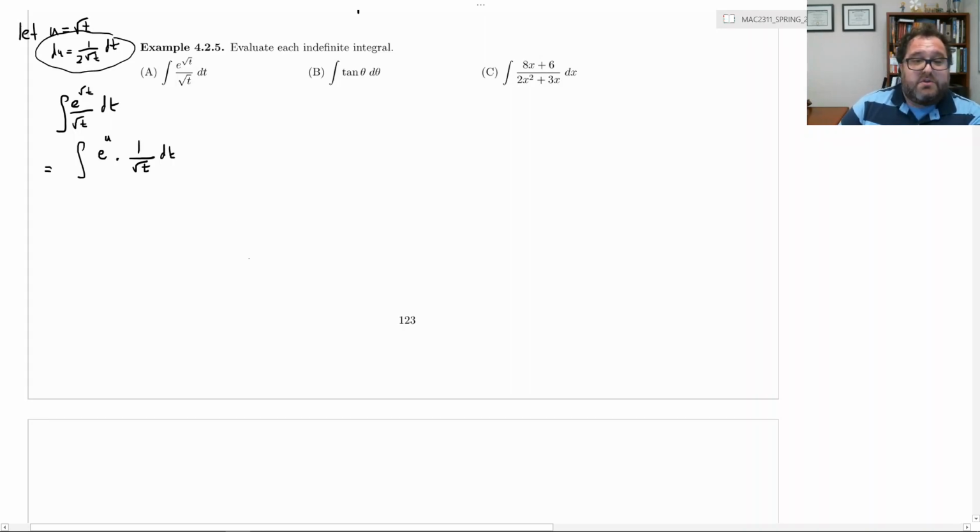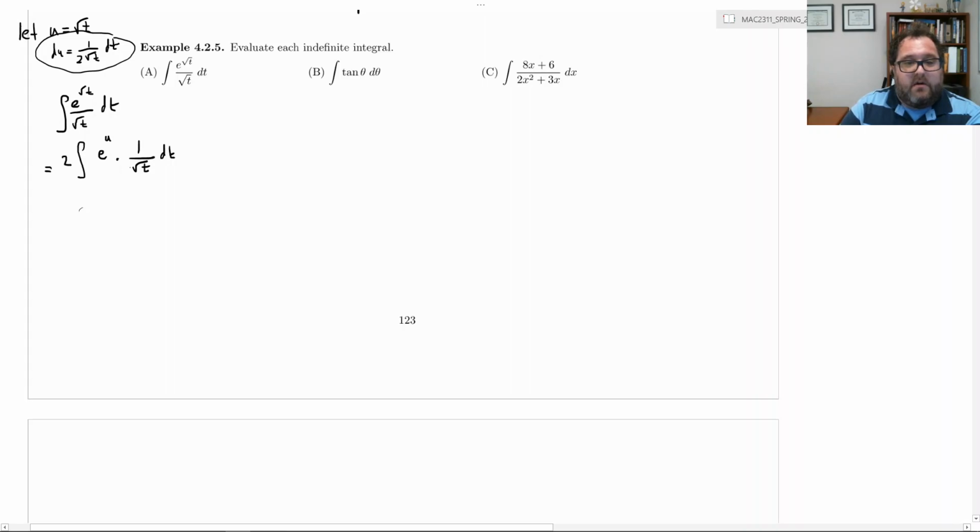So in other words, I need a 2 on the denominator, and then I can change that entire expression to du. Well, how do I get a 2 down there? I'm only missing a constant, and I know I can use the constant multiple rule to multiply by 2 over 2. Then I can pull in the 2 on the bottom and leave the 2 in the numerator out front.